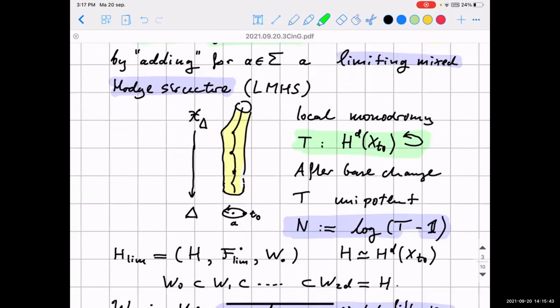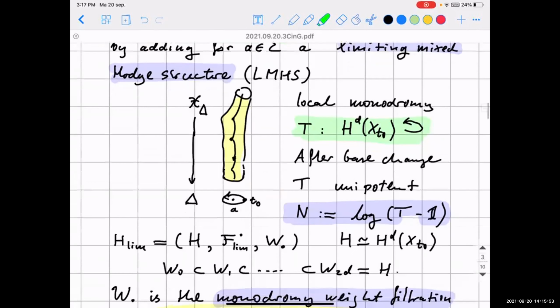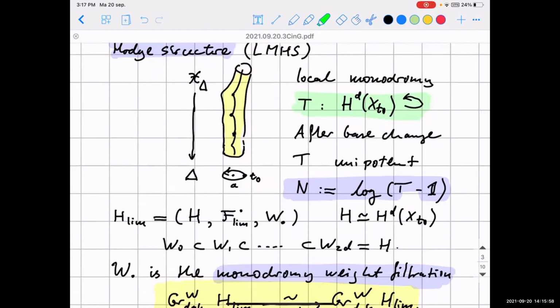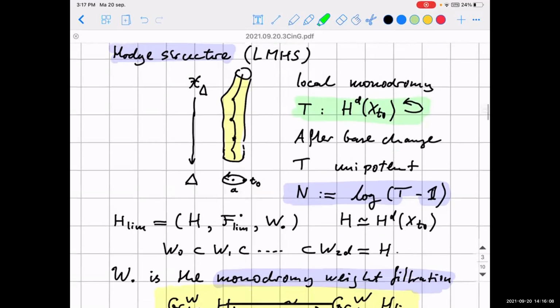So after a finite base change, if you replace the local parameter by a power of it, the monodromy becomes unipotent. And then one takes the logarithm of the monodromy minus the identity, the monodromy logarithm. And this is a most important cohomological invariant of the degeneration.